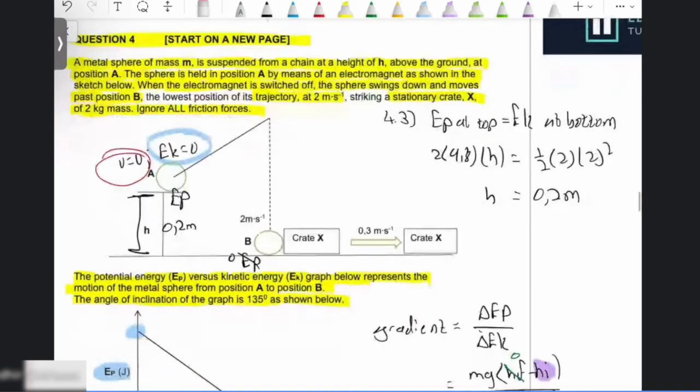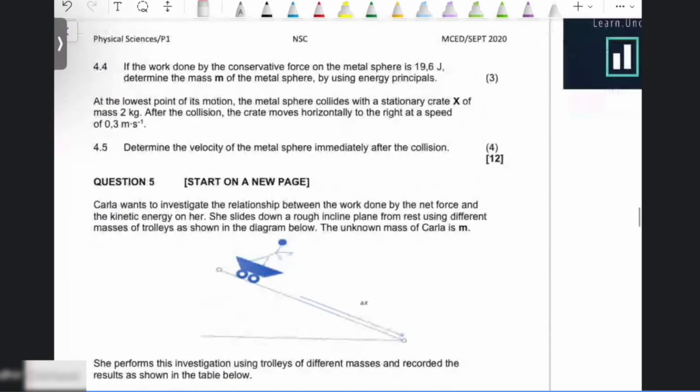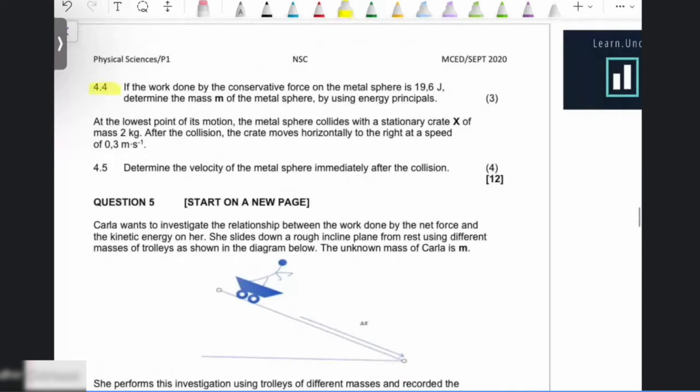Okay, an easy one. There was a weird one that comes after that. Question 4 says, if the work done by the conservative force on the metal sphere is 19.6 joules, determine the mass m of the metal sphere by using energy principles.